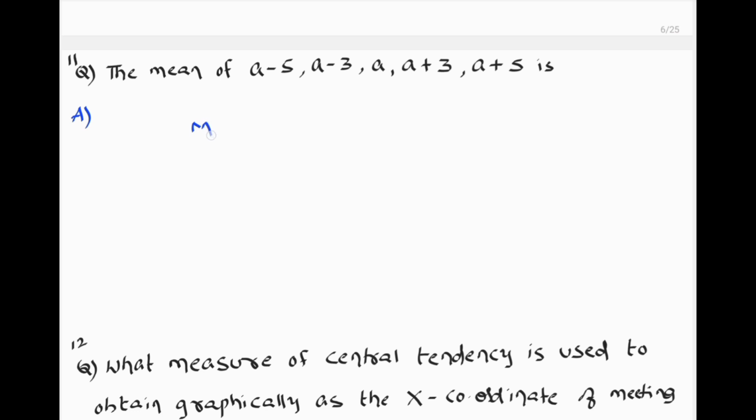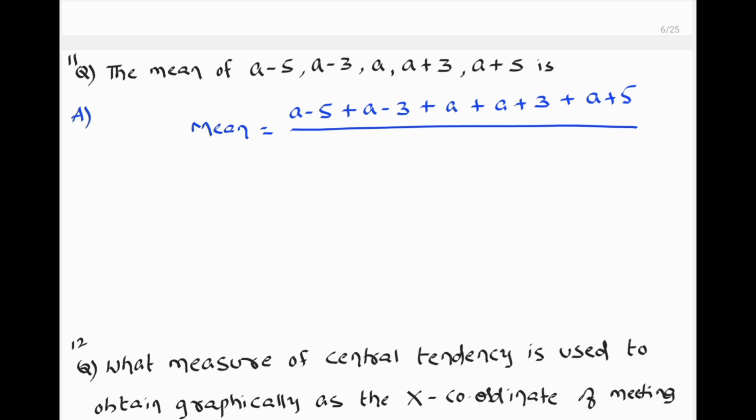So mean is equal to the sum of the observations: a minus 5 plus a minus 3 plus a plus a plus 3 plus a plus 5, by 5 observations. So on cancellation, minus 5 plus 5 plus 3 minus 3 cancel.